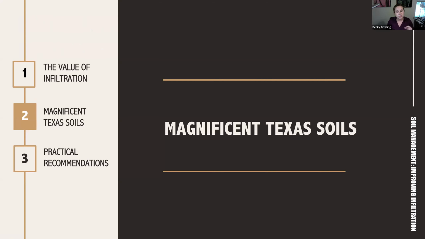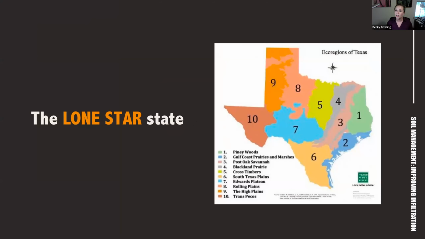So I wanted to do just a little bit of background on Texas soils. Texas is kind of unique in terms of the soils that we deal with here in our state. We're a very large state with a lot of diversity, right? We have a very broad precipitation gradient where we may have 55, 60 inches of rain a year on the eastern part of the state, and then we gradually decrease until we get all the way to El Paso, where we have about 7 to 10 inches of rain a year on average.